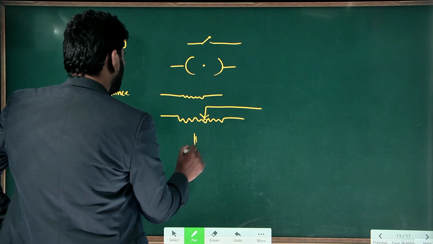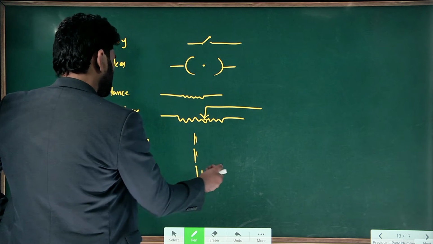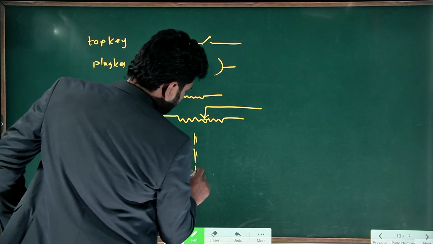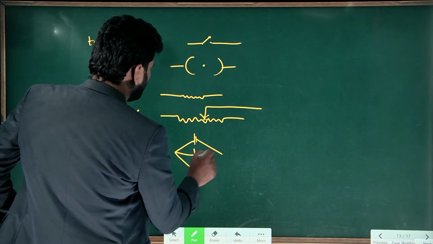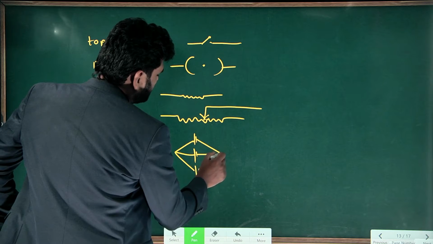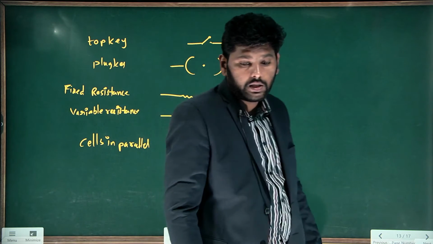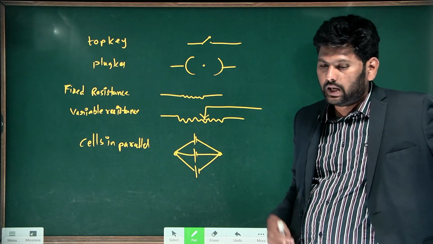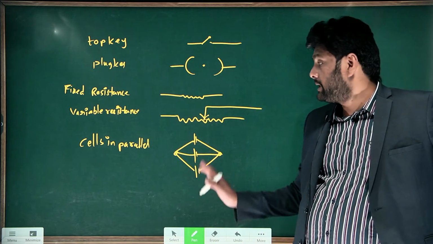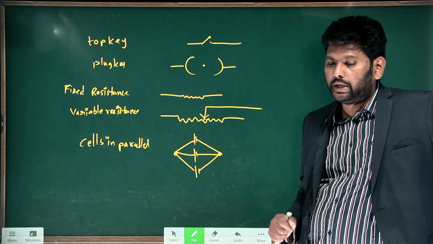Let us take 3 cells here. All the positive terminals are connected at one position, and all the negative terminals are connected at the other position. That is called parallel grouping of the cells. So these are the cells.